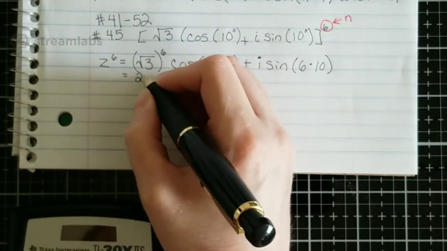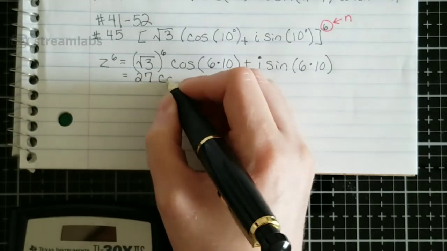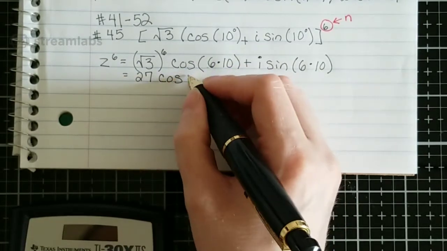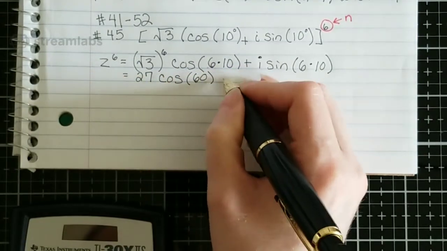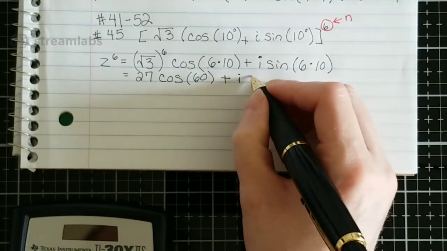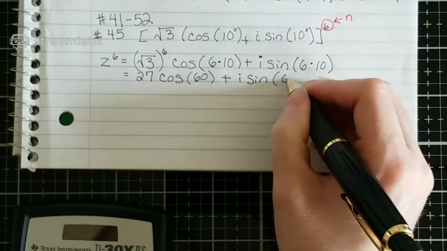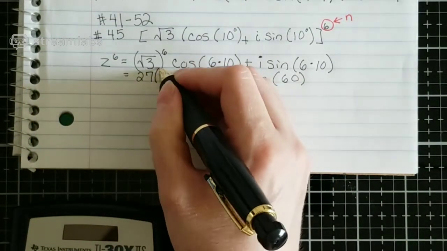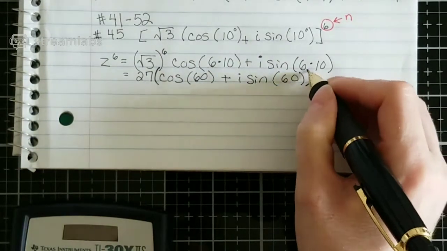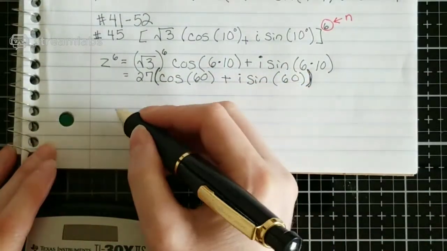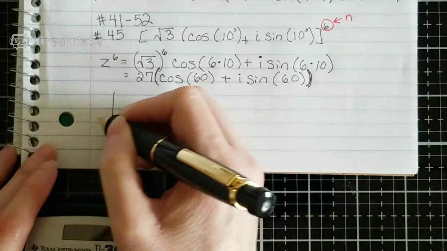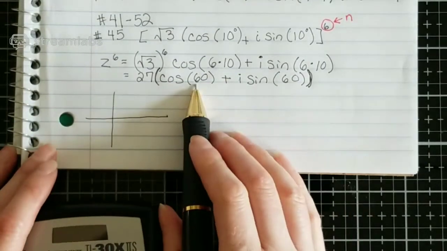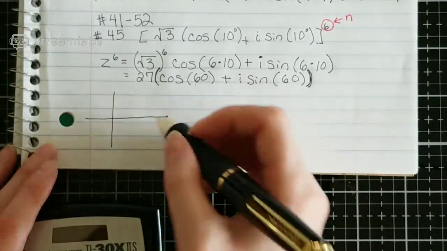All right, so this is 27 cos of 6 times 10, that's easy, that's 60, plus i sine of 60. And this is 27 times that quantity. So we want to find 60 degrees and figure out what the cos of 60 is and the sine of 60 is.